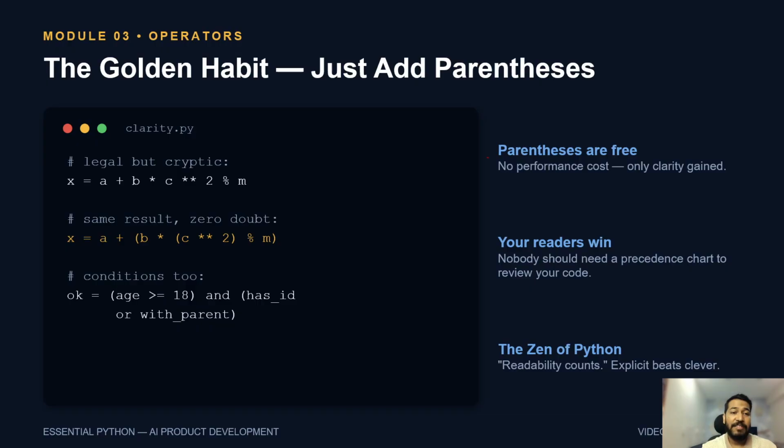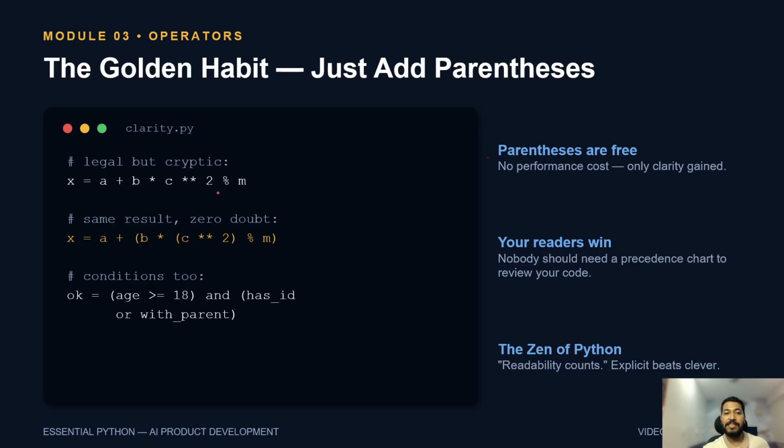Both are taken care of, and those things are not getting affected by the use of parentheses inside your code snippet, right? As a good practice, it is encouraged by the Python community as well. Use the brackets as and when or wherever required to increase the readability, right? Your readers win, right? It will be quicker to read and interpret.